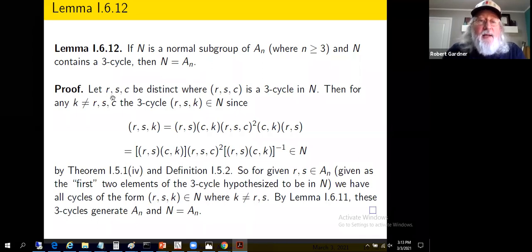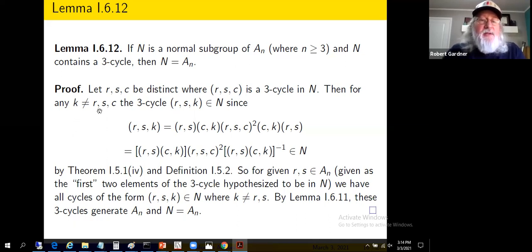Okay, let R, S, and C be distinct, where R, S, C is this 3 cycle in N, hypothesized to be a normal subgroup of A sub n. So N's hypothesized as a normal subgroup and containing, say, this 3 cycle.